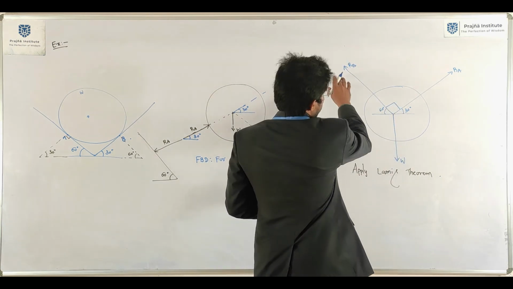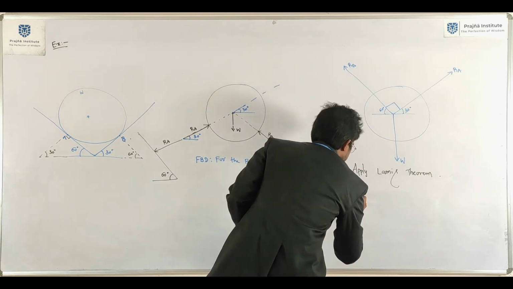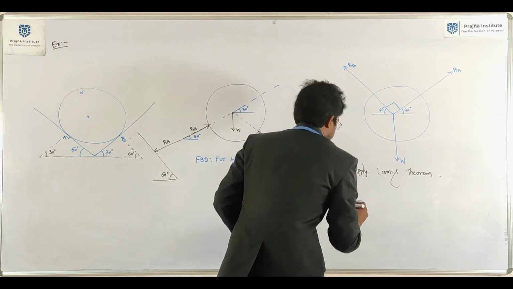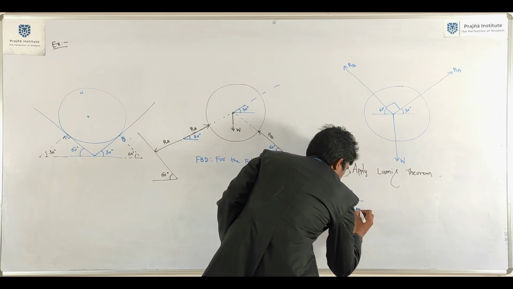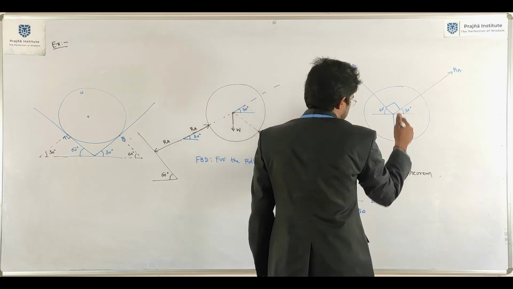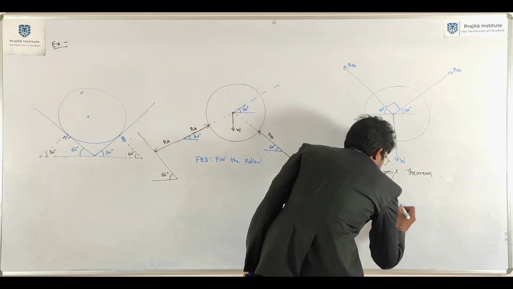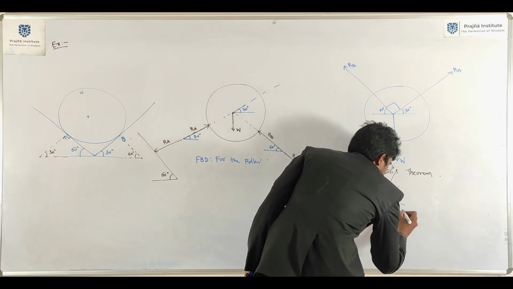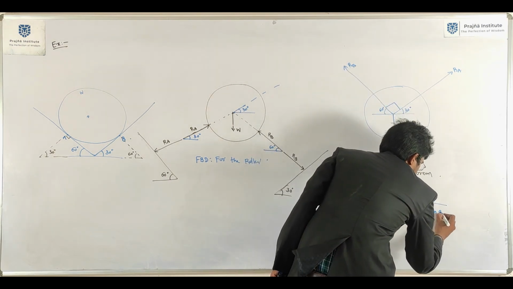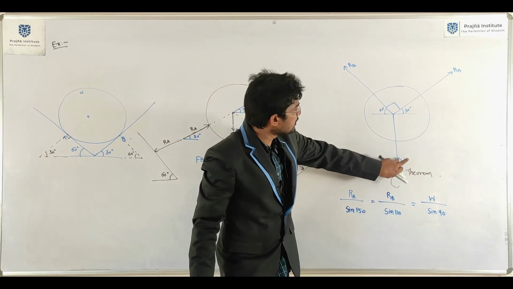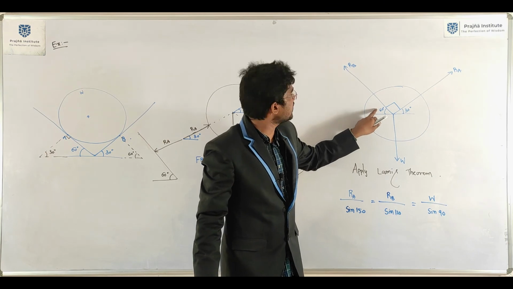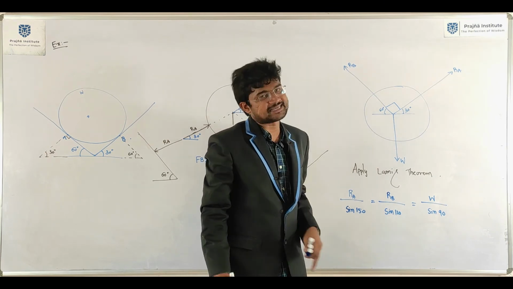Total here, RA by sine 150, RB by sine 120, W by sine 90. Simple. W by sine 90, RA by sine 90 plus 60, 150, RB by sine 90 plus 30, 120.